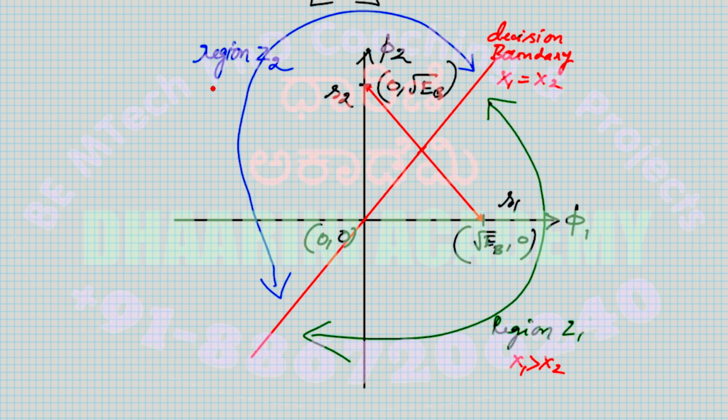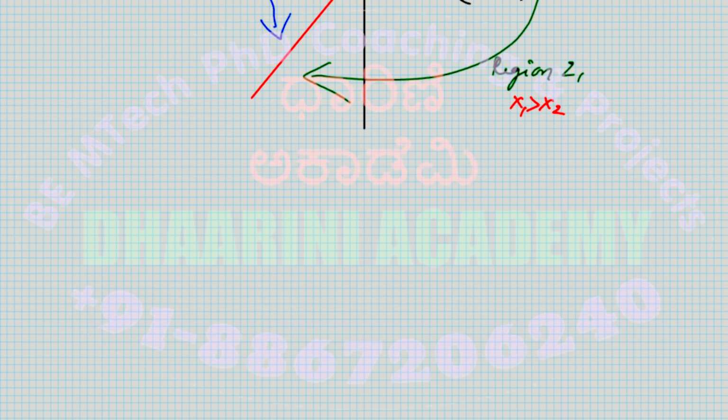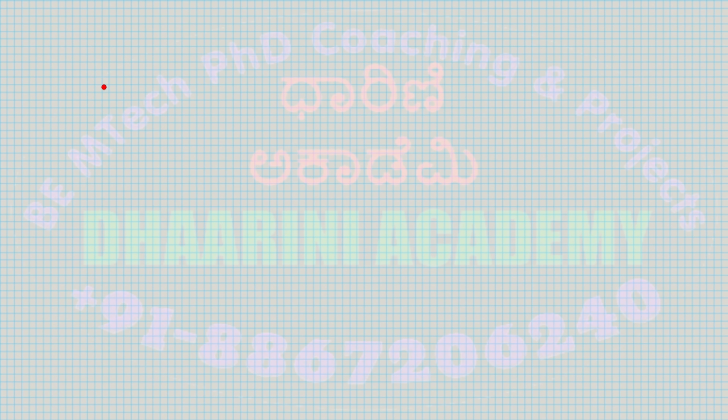At the same time, the region Z2 is recognized as x1 being lesser than x2. All right, so the decision boundary has been defined, and the constellation diagram is very useful in that case. Now let us go to the block diagram representation.